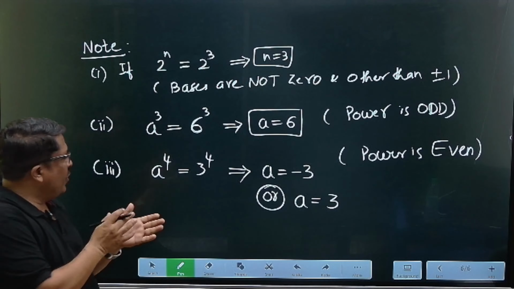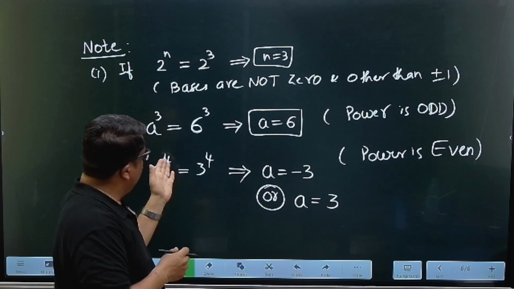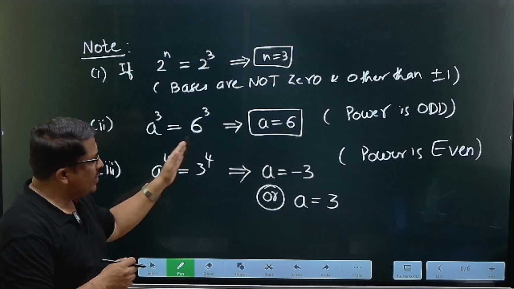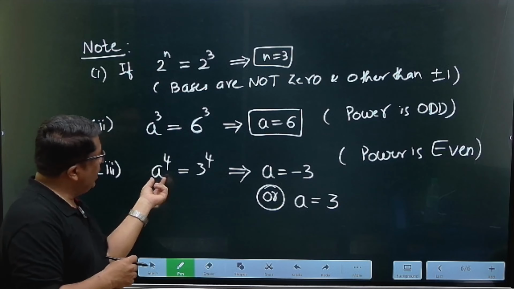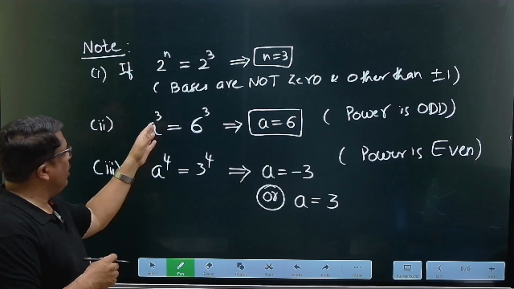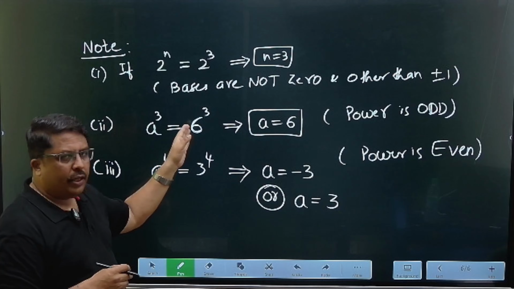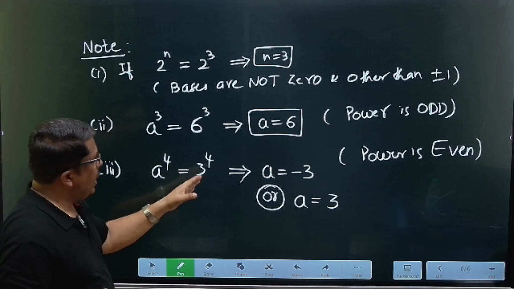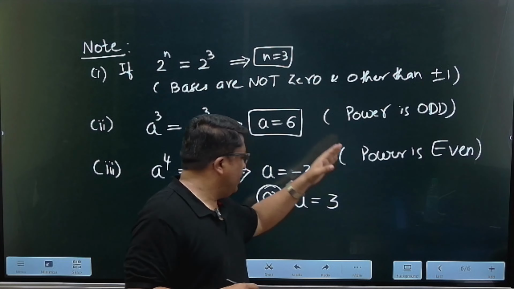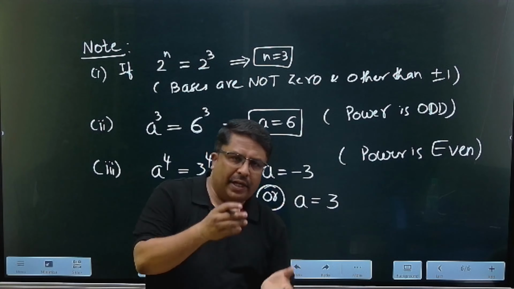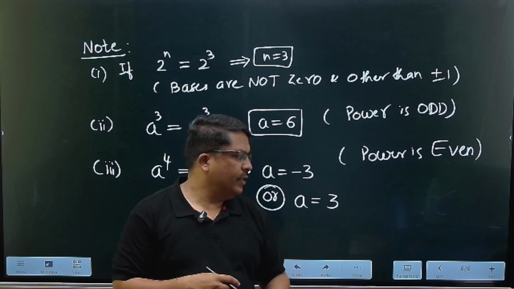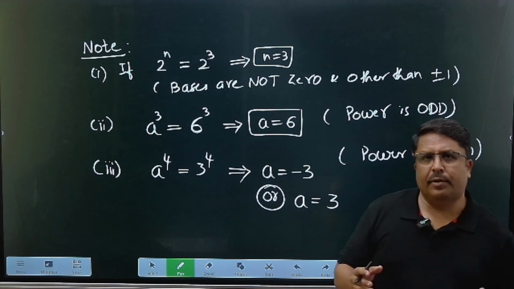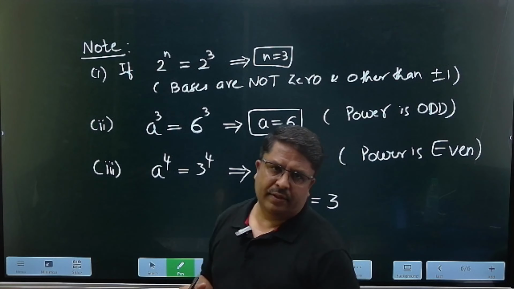So here there are two possibilities based on the powers. Equality of two numbers whose powers are the same, then you can equate the bases. If the powers are odd, we will get one base. If the powers are even, then we will get either plus or minus. So these are important results. So these are the axioms, the laws of indices.